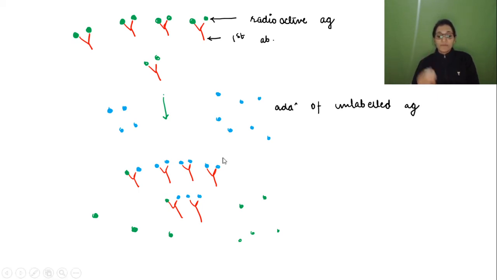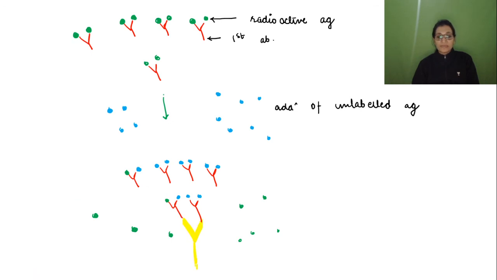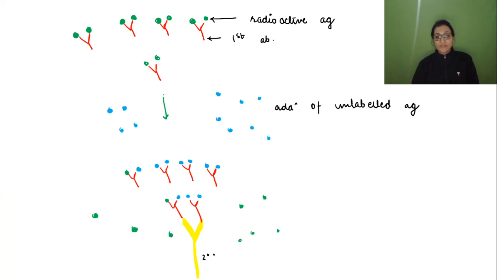So there will be replacement of the radioactively labeled antigen by unlabeled antigen. Then there will be precipitation of the antigen-antibody complex with the anti-immunoglobulin, that is the secondary antibody, which would be added like this. In some of the cases, as I told you, secondary antibody is also added for precipitation. So this is the secondary antibody. This is how the procedure of RIA takes place.